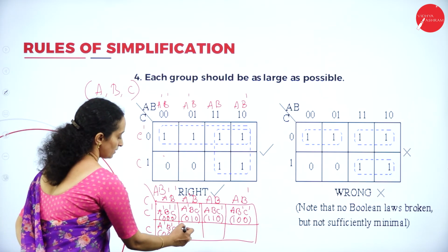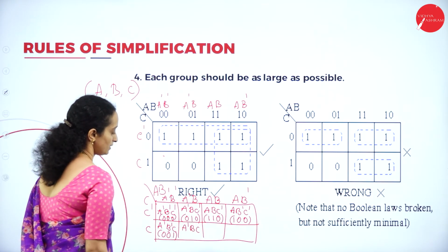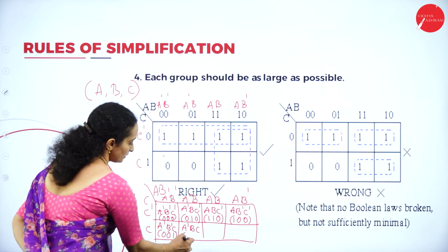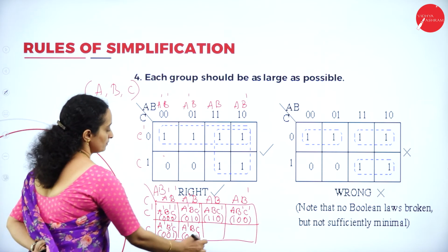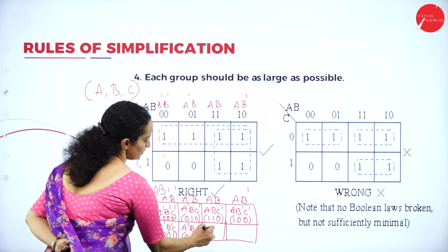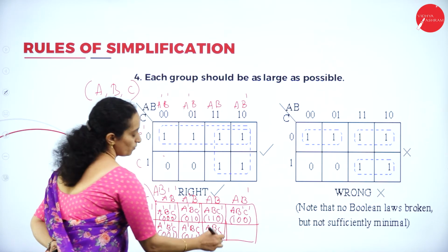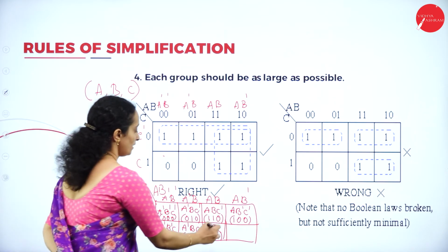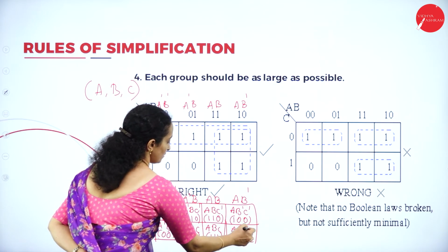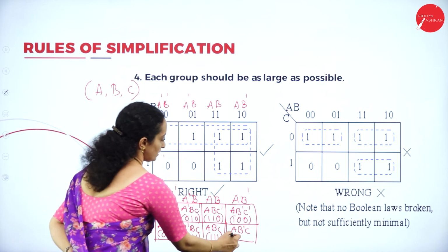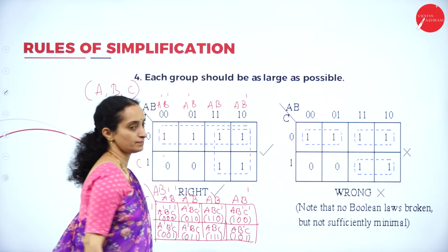Next we have A dash, B, C, which will represent 0, 1, 1. Next we have A, B, C representing 1, 1, 1. Lastly we have A, B dash, C, which represents 1, 0, 1.